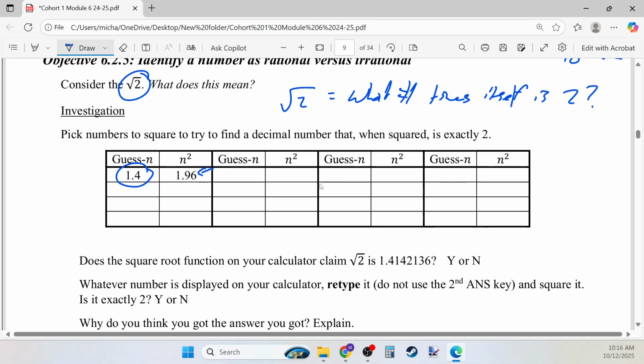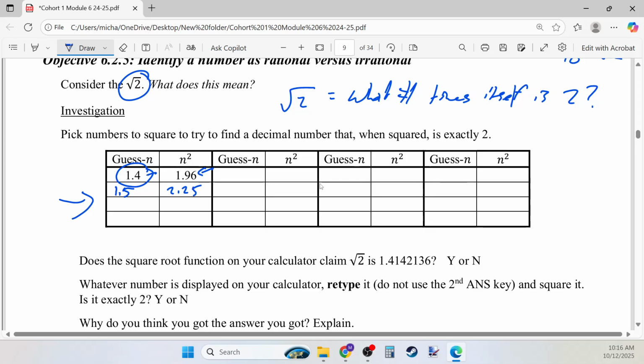And so we're going to pick some numbers, multiply them by themselves, and see how close to 2 we get. 1.4 gave us 1.96. That's a little less than 2, so we'll try something a little bigger. 1.5. Well, when I multiply it, and you can feel free to use a calculator for this chart, I get 2.25, and that's too big.